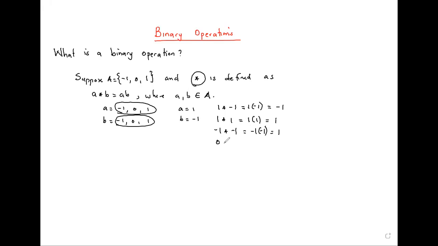If you get 0 star 1, star is saying, multiply the two numbers. You get 0. You get -1 star 0, star is saying, get their product. You get 0. You get 0 star 0, star is saying, get their product. You get 0.